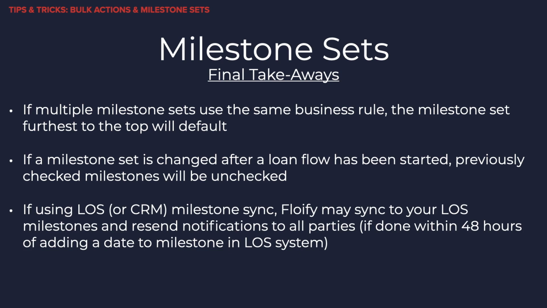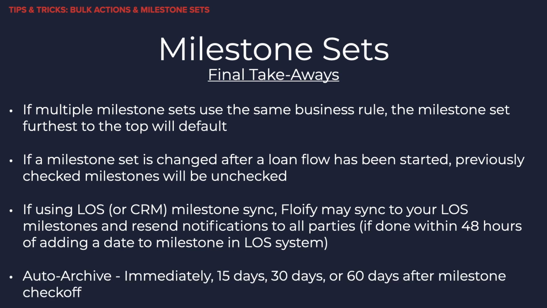And if you're using an LOS or a CRM milestone sync, Floify may sync to your LOS milestones and resend notifications to all parties if the date was added to your LOS within 48 hours of changing milestone sets. And the auto archive, you can select to have your loan flow archive immediately, within 15 days, 30 days, or 60 days after your milestone is checked off.